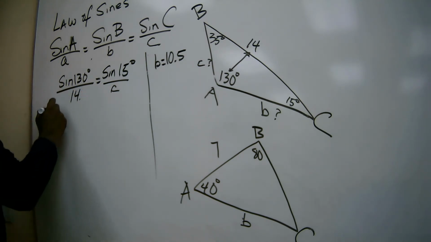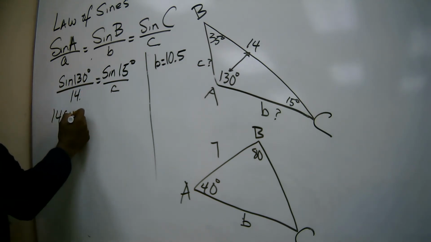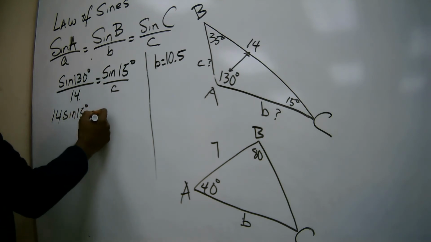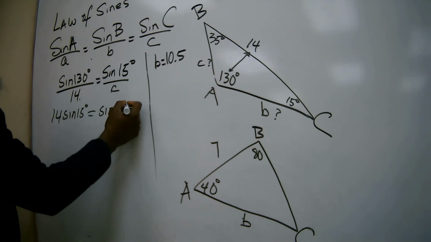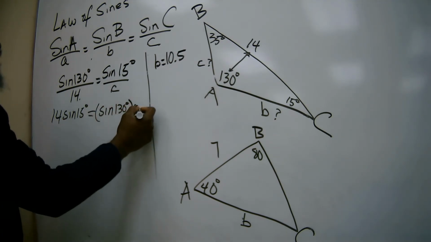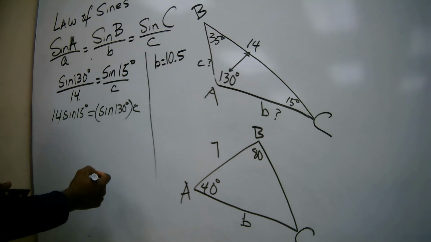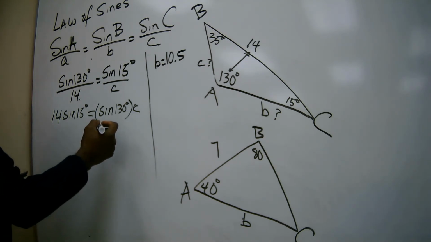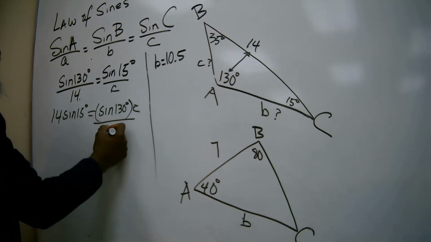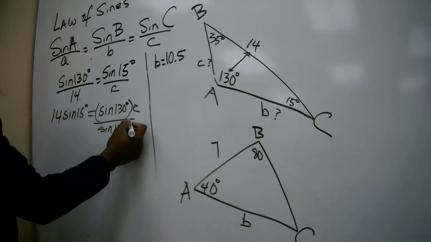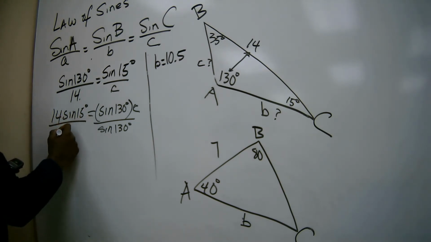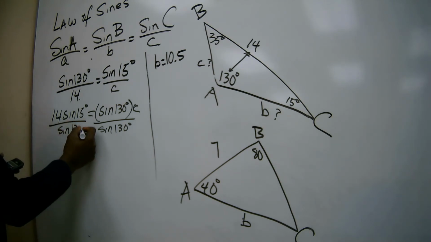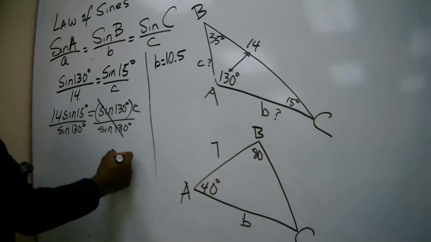I will end up with 14 sine of 15 is equal to sine of 130 times C. I'll divide both sides by sine of 130. And I will end up with C.